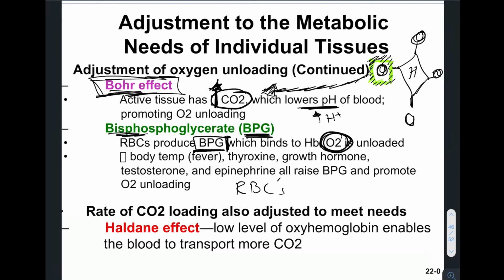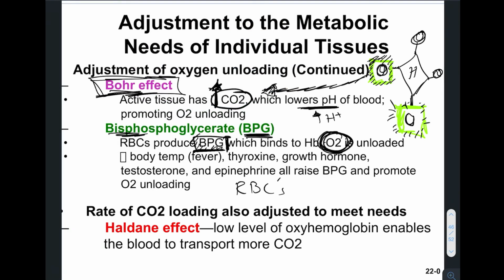So imagine that your body is in overdrive, you're doing a lot of work. The RBCs realize this. They make this BPG, which is a molecule that serves as a trigger to make the hemoglobin much more generous. So it'll start donating much more oxygen to the tissues so that those tissues can get oxygenated.